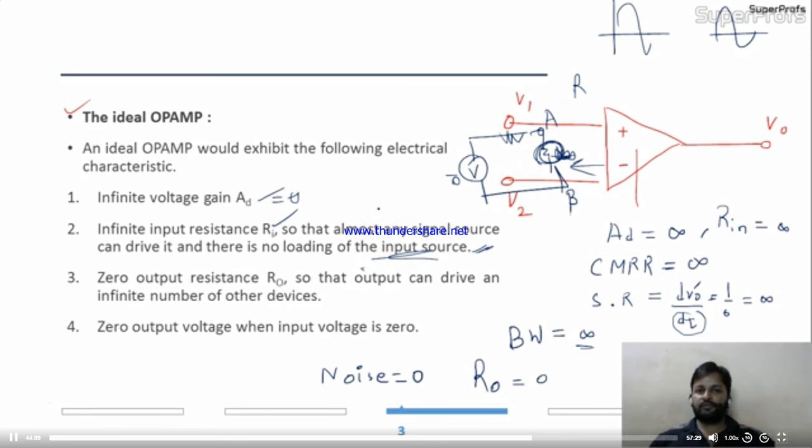So your op-amp should be free from loading effect. Zero output resistance R0, so that the output can drive an infinite number of other devices, because the output resistance is 0. No drop will be there.